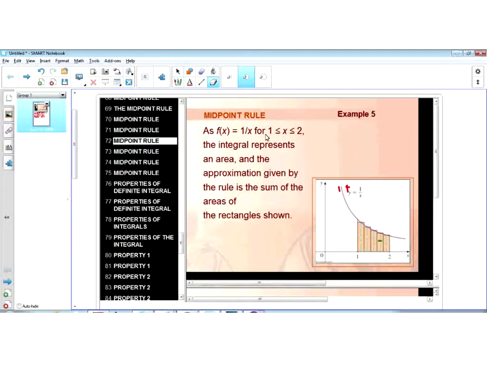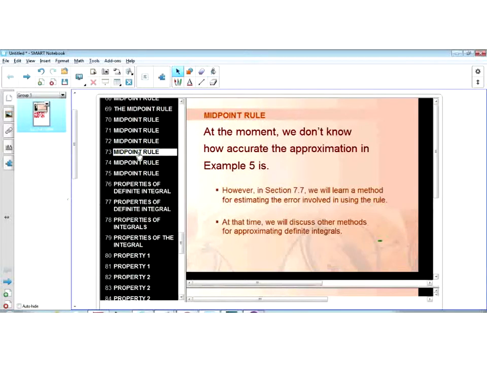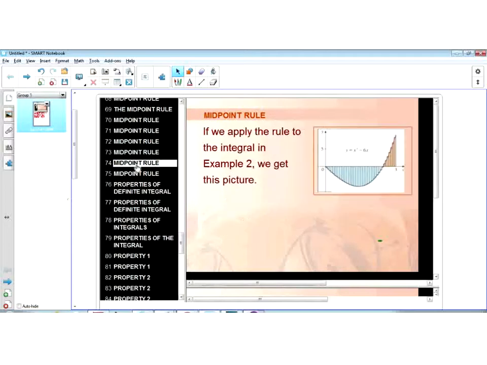More midpoint rules. So here they show graphically the rectangles drawn, and they apply the midpoint rule to the previous example we worked.